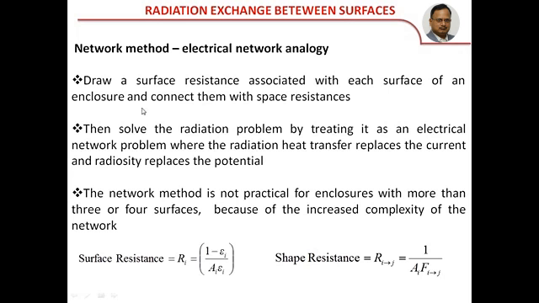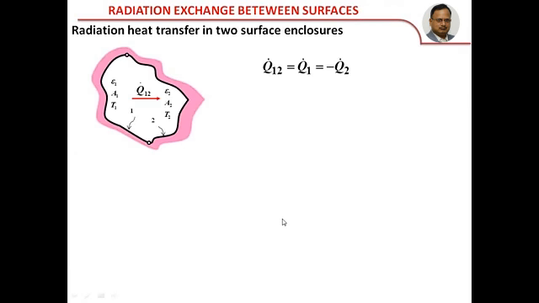So draw a surface resistance associated with each surface and connect them with space resistance. Then solve the problem, treating it as an electrical network problem. When more than 3 or 4 surfaces are involved, this electrical analogy or network method becomes complex and we cannot solve it easily.